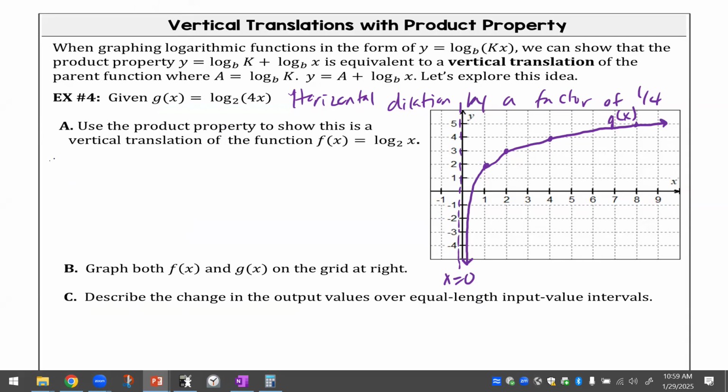We're going to use the product property to expand. I asked y'all, y'all couldn't tell me, so I tried to give you hints. You just had to read. So right now we're at log base 2 of 4x. When I expand this, it becomes log base 2 of 4 plus log base 2 of x.